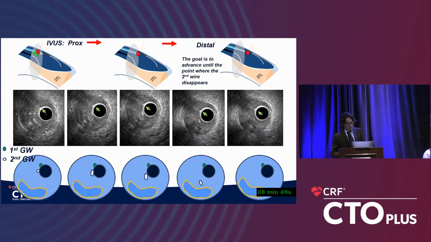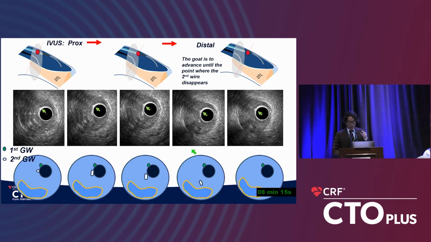Here the IVUS is going from proximal to distal, beyond the second guide wire tip. The green arrow is the first guide wire, located in the IVUS catheter. The second guide wire is at 9 o'clock and 8 o'clock, then 8 o'clock and 6 o'clock. This is the second guide wire. You can see the second guide wire at 9, 8, 8, 6, and then it disappears. That means the tip of the second guide wire is here.